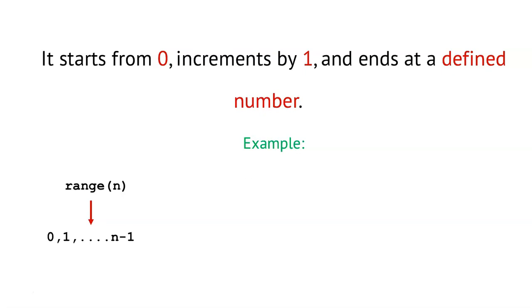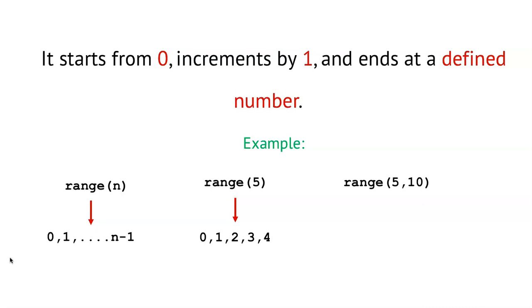And in the same way, range of 5 will return values which will start from 0 and will go up to 5 minus 1, that is 4. That's why range of 5 will return values 0, 1, 2, 3, and 4.